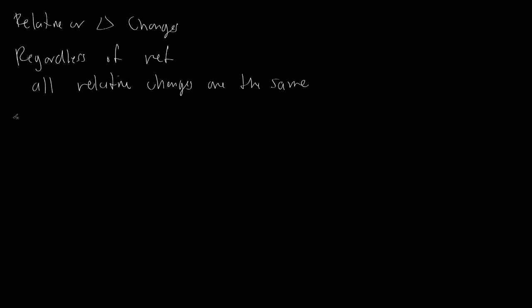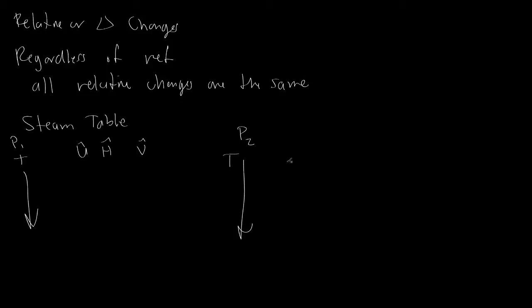For example, if we were to look at a steam table, the steam tables generally report U, H, specific volume, and all these different things as a function of temperature, maybe here, and then they'll have another table, this could be at P1, you could have another table here at P2, and again, you'll have temperature going down, U hat, H hat, PV hat.